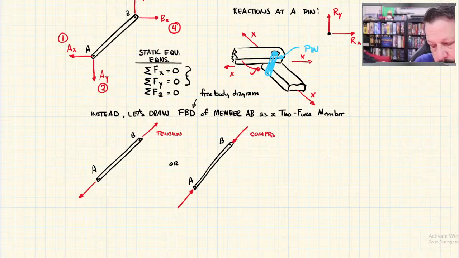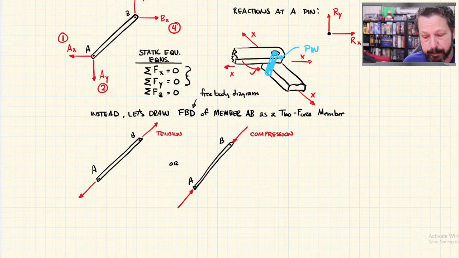I might know, I might have an idea, or I might have done so many truss problems that I know which pieces are tension and compression, but maybe I don't know. I know it's one of those two. And I know that since it's a two-force member, the line of action, let's use green for line of action right now, for whatever force I put has a rule on it.